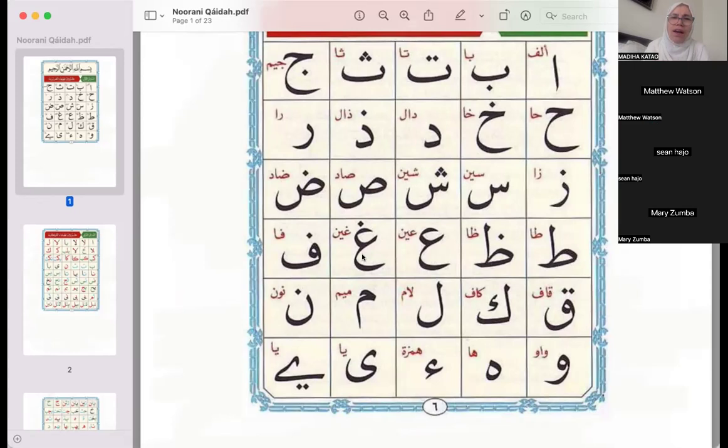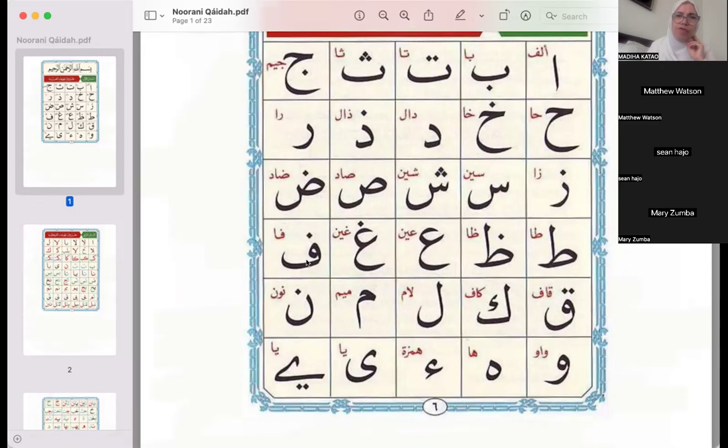Ein. Sure. If you put your hand on your throat all the way in the bottom, you have to feel that vibration. Arr. Yes, very good. Grr.